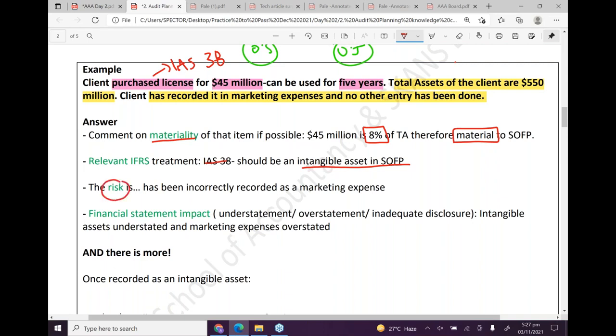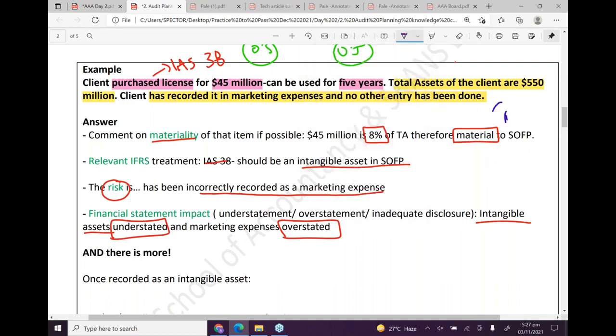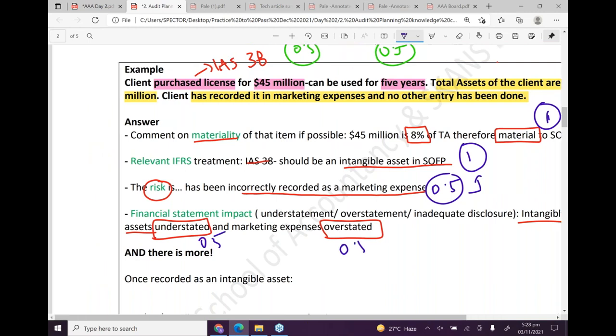The risk is this has been incorrectly recorded as a marketing expense, and because of that, intangible assets are understated, marketing expenses are overstated. So if I mark this for you, your materiality, your accounting treatment, the risk is the above accounting treatment has not been followed, and half a mark for each correct impact.